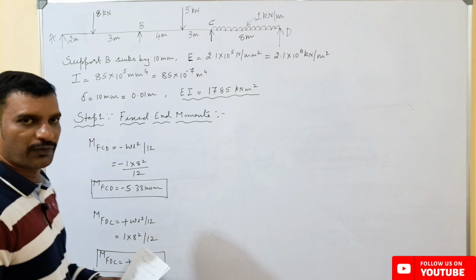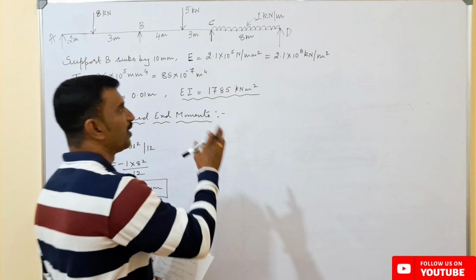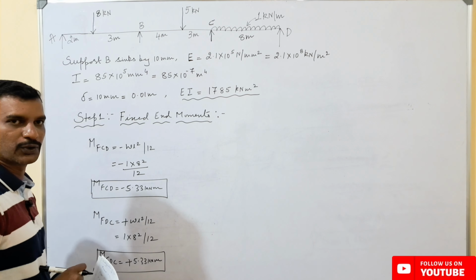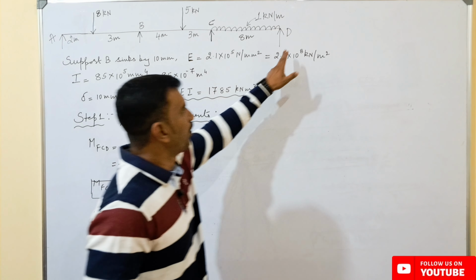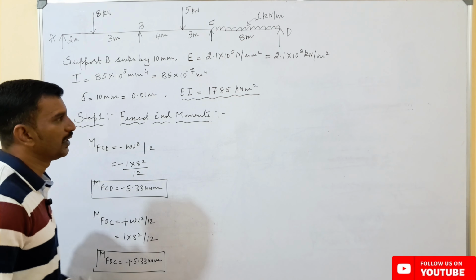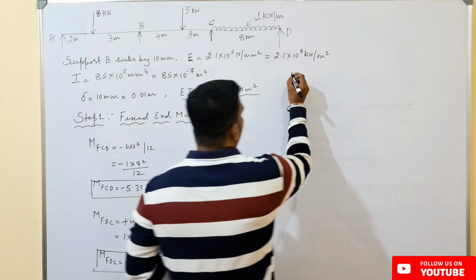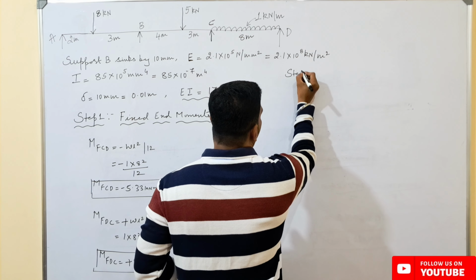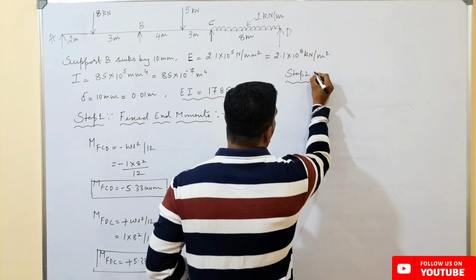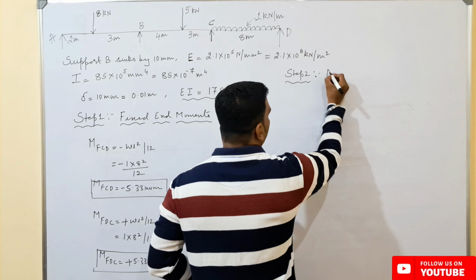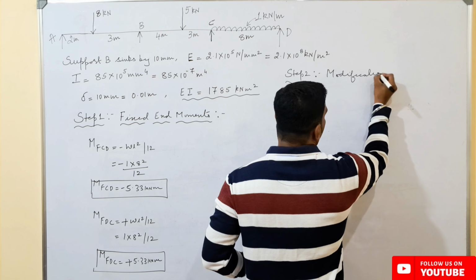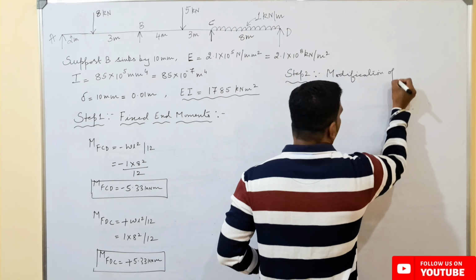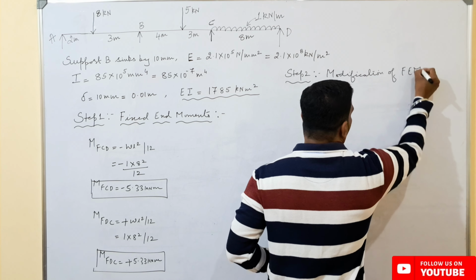So if you observe here, the support A and support D are simple in nature. So we need to go for a modification of fixed end moments, so that the final end moments about point A and point D will be equal to 0. So here step 2 will be modification of fixed end moment.